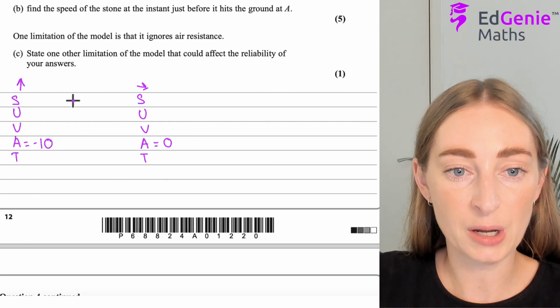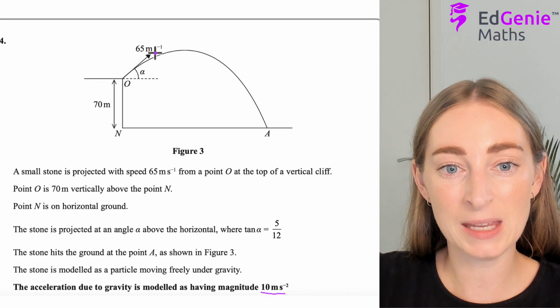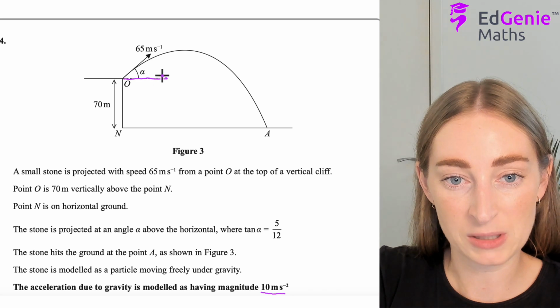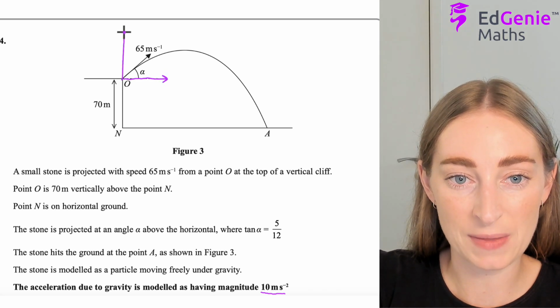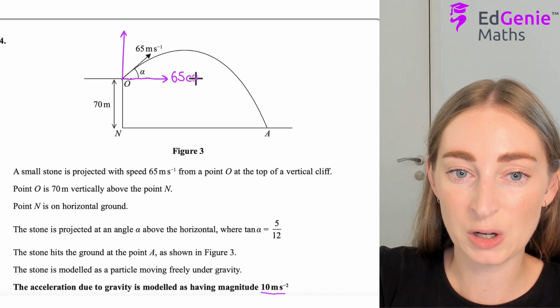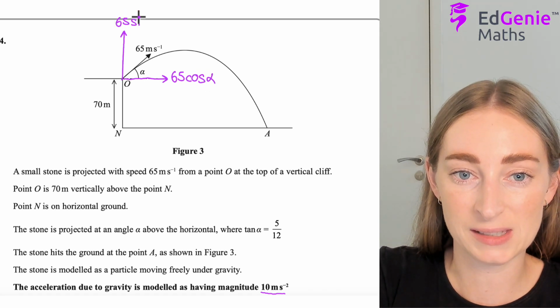We also know that the speed is going to be 65. So if I take my speed in this direction and also in this direction, this is going to be 65 cos, and this one's going to be 65 sine.